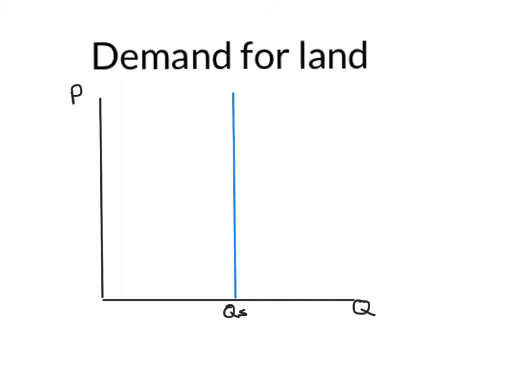So if we're to look at the demand curve for land, you'll see here I've drawn out my curve. I have written my price and quantity on my X and Y axis. And then I have this quantity supplied, because that's one thing that we know from our characteristics at the beginning. It's fixed in supply. So our demand could be anywhere depending on the level of demand.